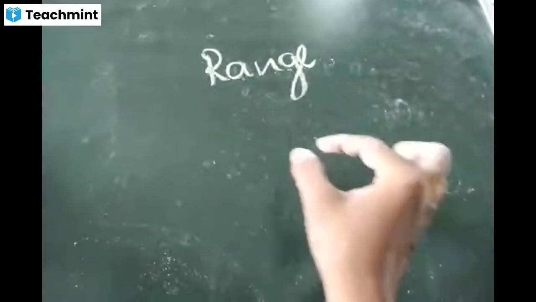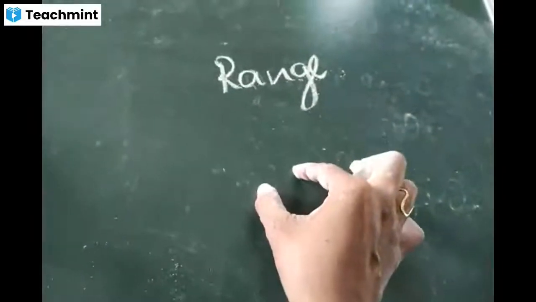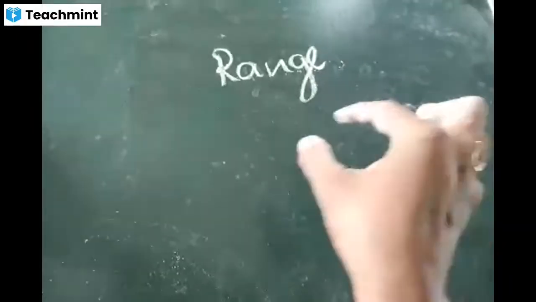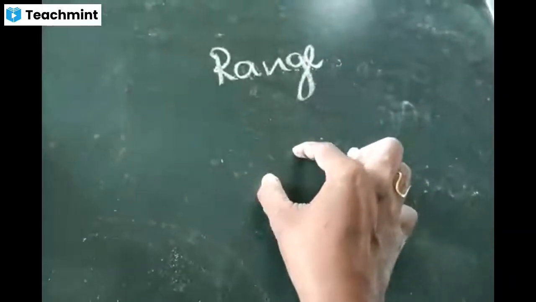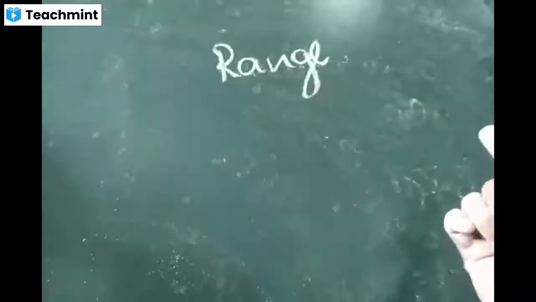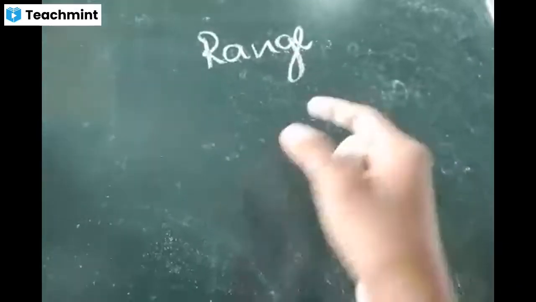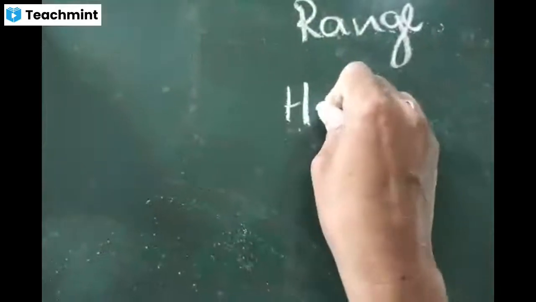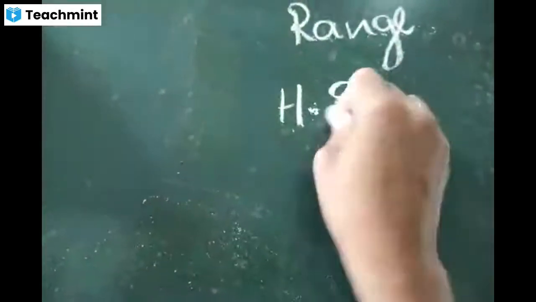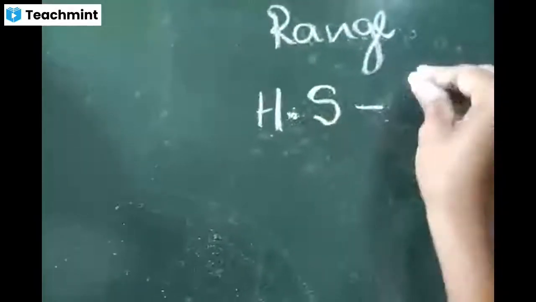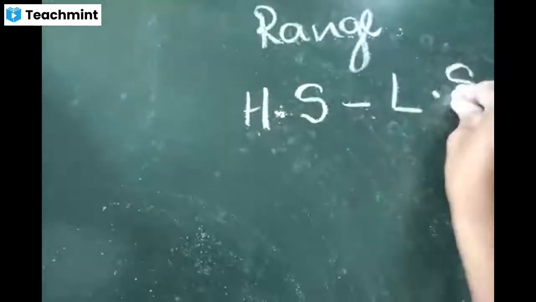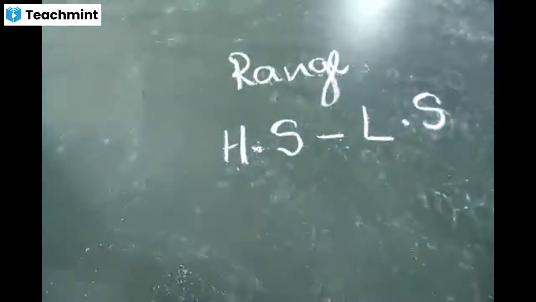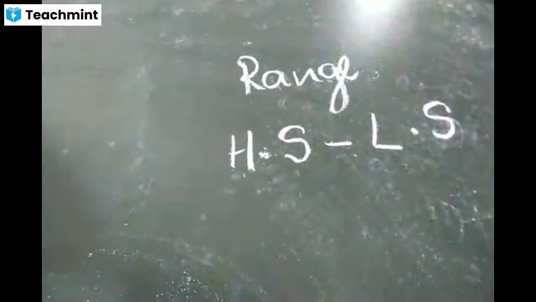In that, you have to identify which one is the smallest number and which one is the greater number. Range means highest score, I write HS, highest score minus lowest score.